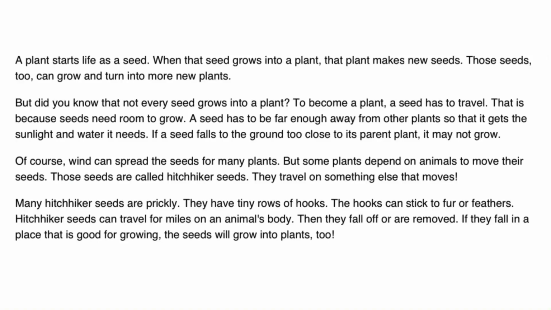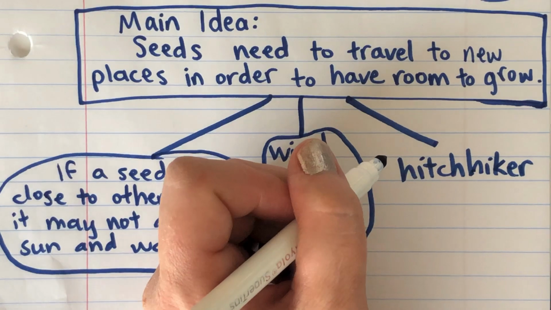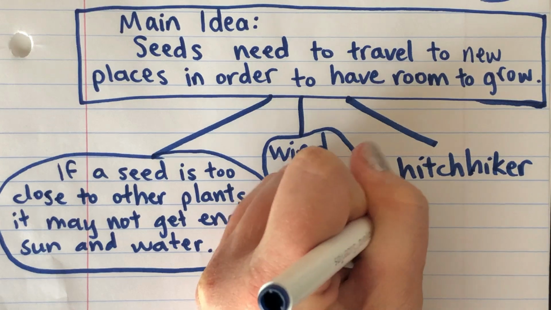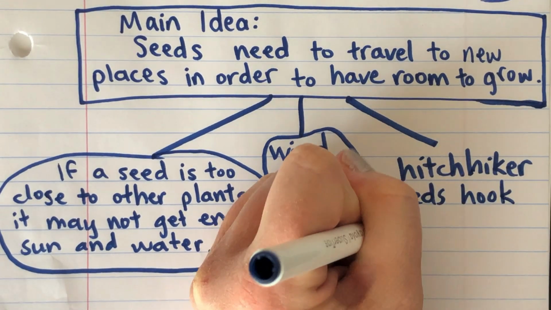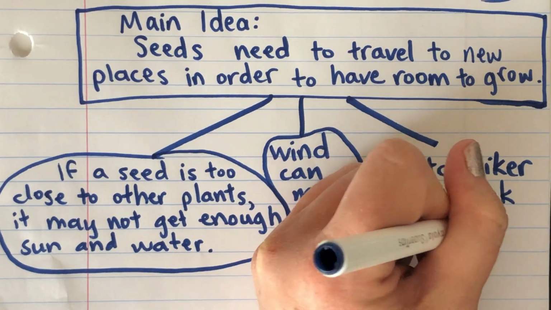As I reread, I also noticed there's a lot of information about hitchhiker seeds which hook onto animals in order to move to new places. So I'll definitely include a detail about that. Hitchhiker seeds hook onto animals to travel.